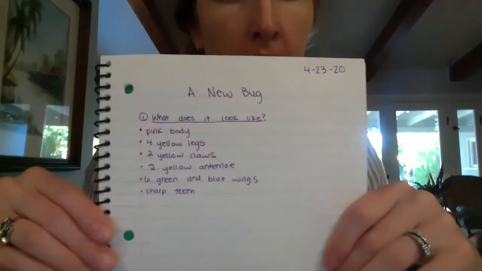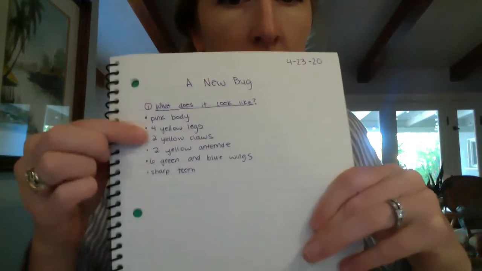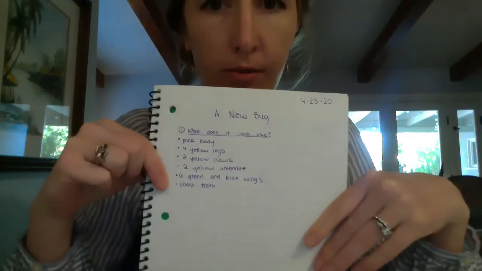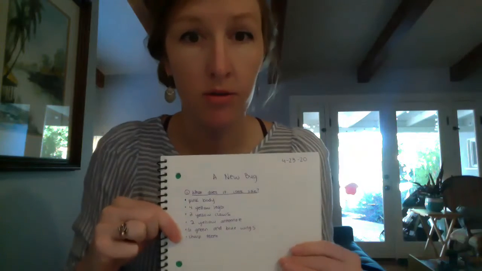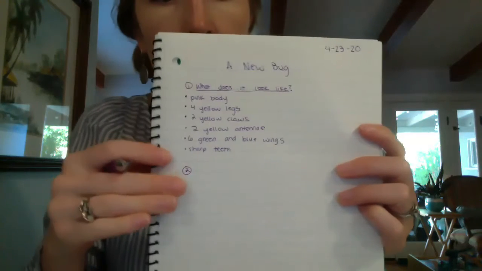Okay, I finished my list. I had 6 bullet points. Remember, you need at least 3. Okay, so if you have that, it's time to move on to number 2. So I would skip a line so that it's not all jumbled together.